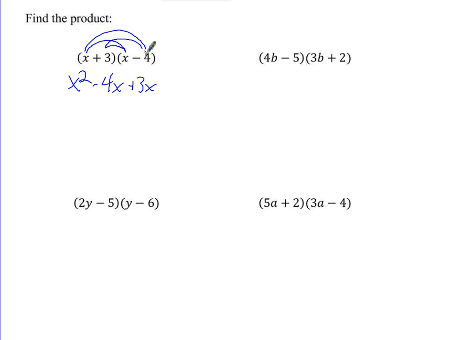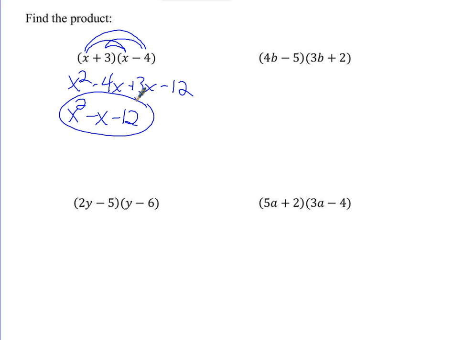And then the L is negative 12. And like I said, you don't have to draw those in on those problems, but it definitely helps, especially in the very, very beginning when you're first learning how to do this. Either way, what do we do now? Combine like terms, so we get, and there's your answer.